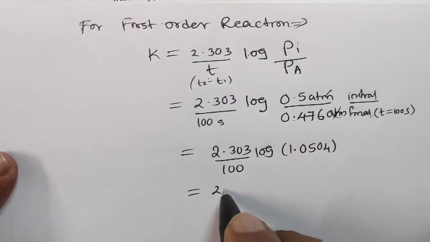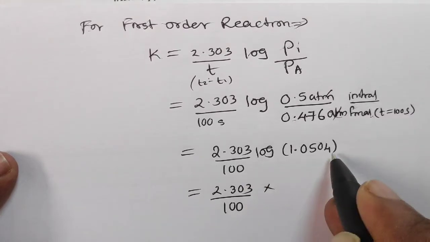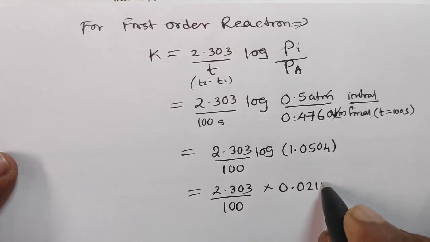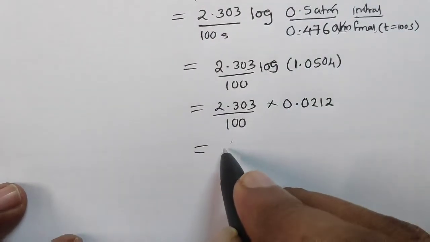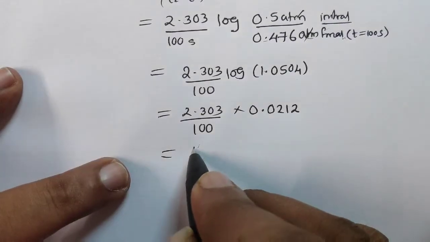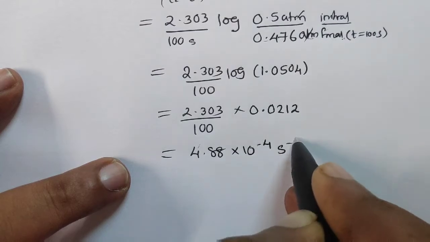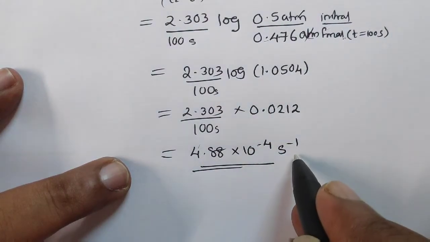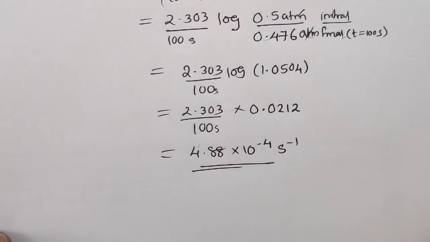So k is 2.303 upon 100 times log 1.0504, which is 0.0212. Multiplying this, you will get 4.88 into 10 raised to minus 4 second inverse. Why? Because second was in the denominator, it goes to the numerator, so it is second inverse. Understood? So this was example 4.6.